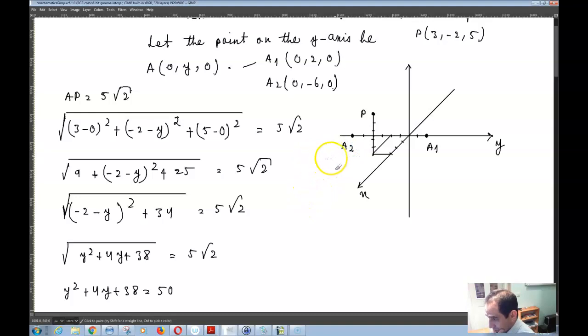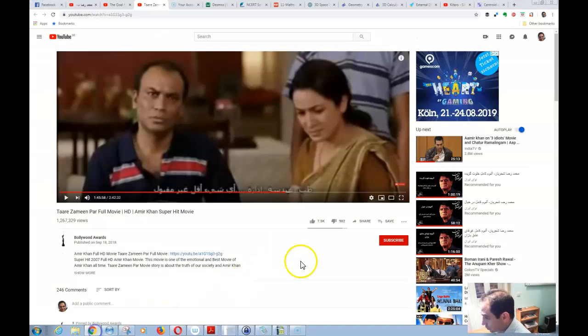And let's take a look at these 2 points on a 3D system, see what we see over there.